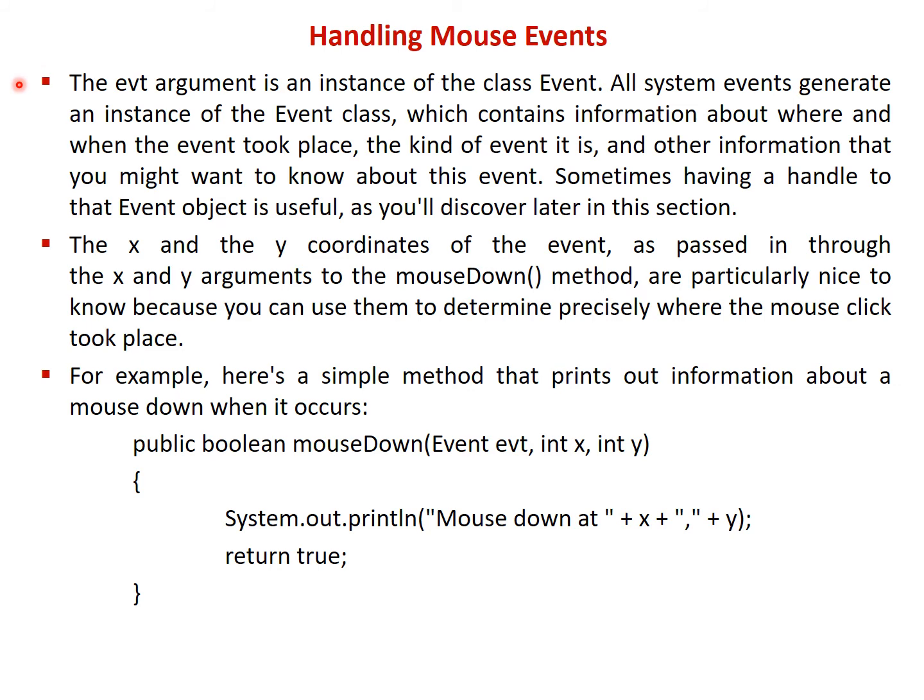All system events generate an instance of the Event class which contains information about where and when the event took place, the kind of event it is, and other information that you might want to know about this event. Sometimes having a handle to the event object is useful, as you will discover later in this section.